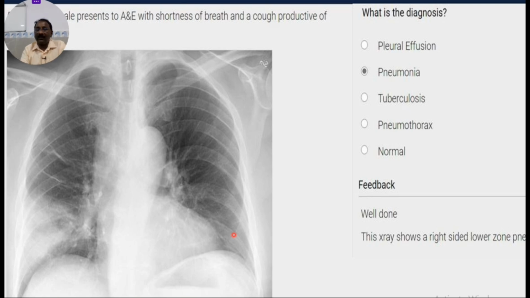In these four conditions, even the lower lobe tuberculosis is common. Mostly it is bilateral. Pneumothorax, you can have an absence of the lung fields and you can have a line there. So this is how we have to differentiate it. So it's a simple case in pneumonias. Very often you see as a physician, you should not miss this diagnosis.